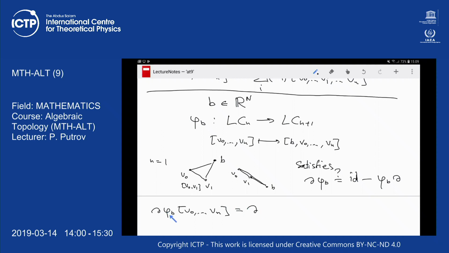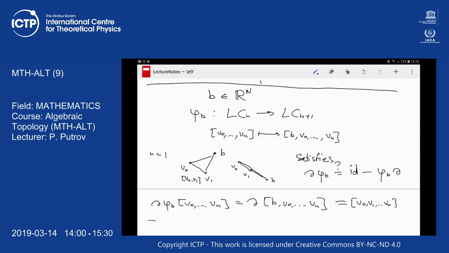First we act by phi B, so the only thing we do is add B here. And then we use the definition of d, so the first term we will remove B, then with minus sign we remove instead v0, then with plus sign we remove v1, and so on.